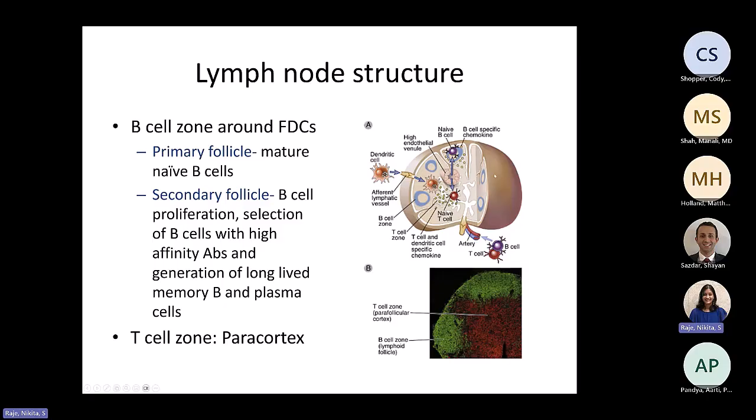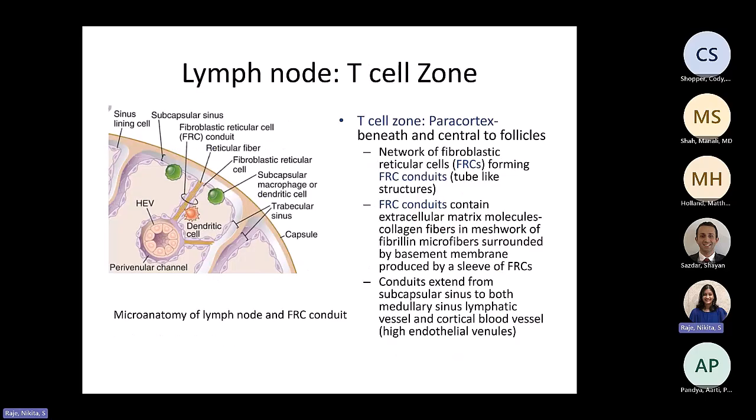Versus, let's look at the T cell zone or the paracortex. So the paracortex, the T cell zone, is deep to the follicles, right? Beyond the cortex, and it is formed by a network of something called FRCs or fibroblastic reticular cells. They form conduits called FRC conduits. So here are your reticular fibers, and this is the fibroblastic reticular cell.